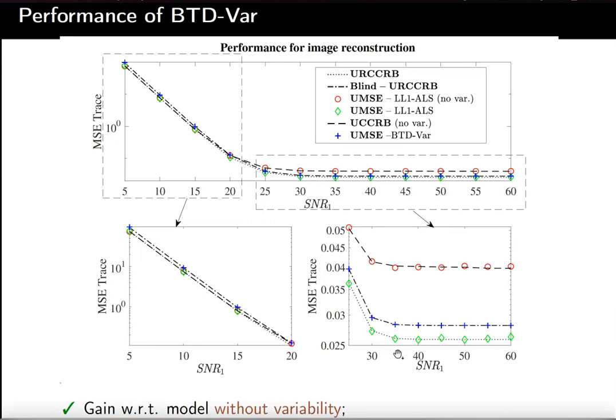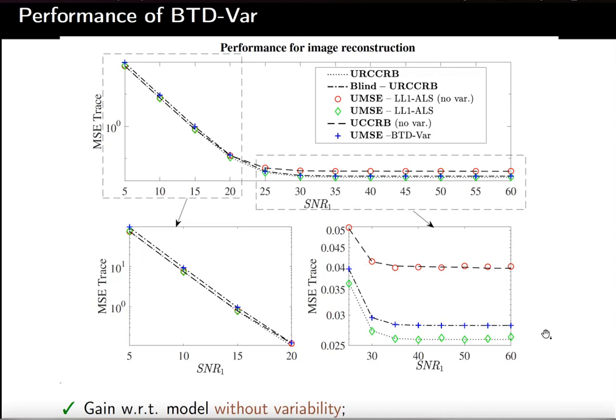What we can see is that there is a gain in considering a blind model compared to assuming that there is no variability at all. Of course, BTD-Var does not reach the best performance of the model because it's unable to estimate the variability phenomenon.